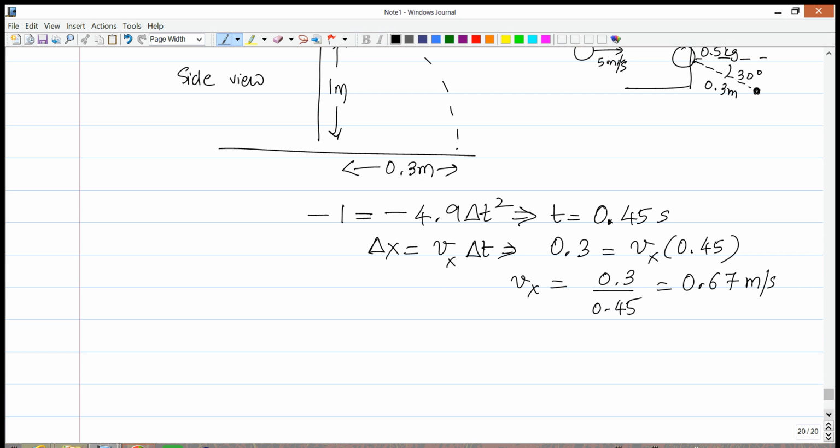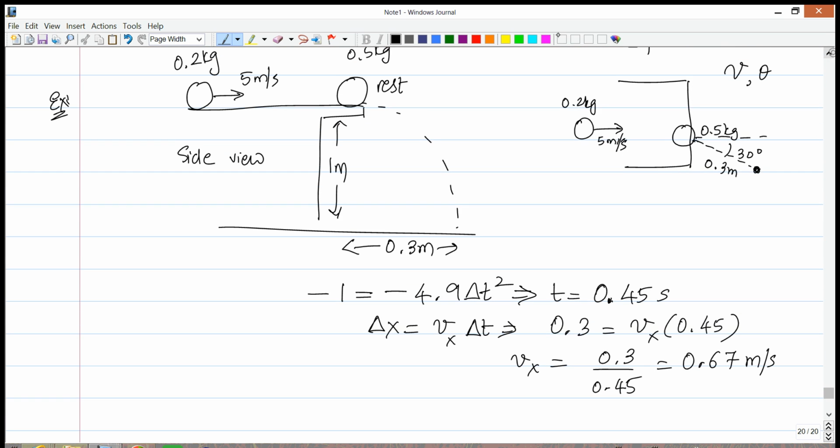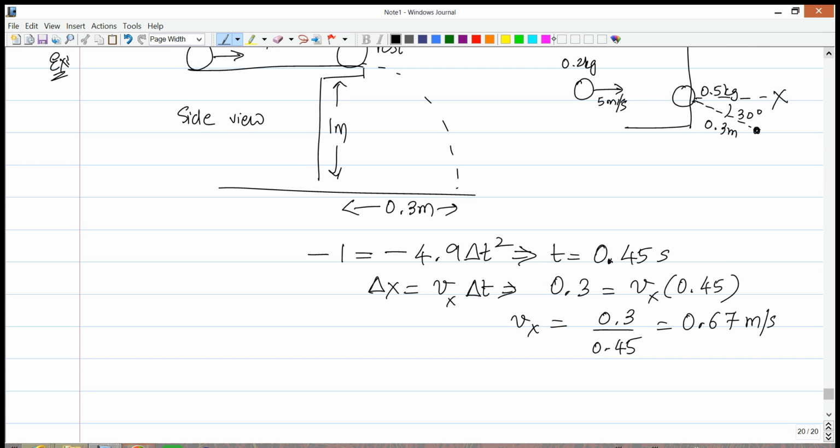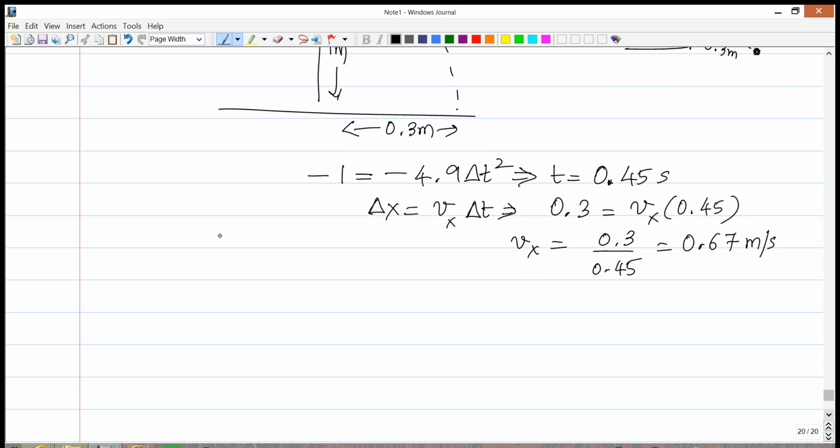So we get the speed of the 0.5 kg block right after the collision, and we know that it makes an angle of 30 degrees to the horizontal line, not to this x-axis, I should say. Now once again, we can use conservation of momentum. Let's use pi equals pf, but let us do it along the x-axis and along the y-axis.